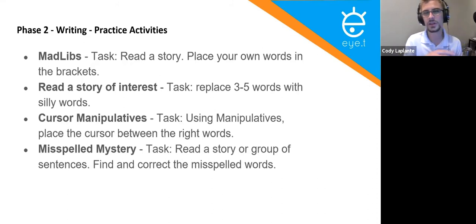You can have your screen reader reading the sentence on the computer, and when you stop, say, okay, where is my cursor? And have them put the cursor, this wikki stix, between the right two words that your screen reader's cursor is between. So if it says, the cat sat on the mat, and you read the cat sat, where's my cursor, right? And then they have to put the cursor on their manipulatives, all right?